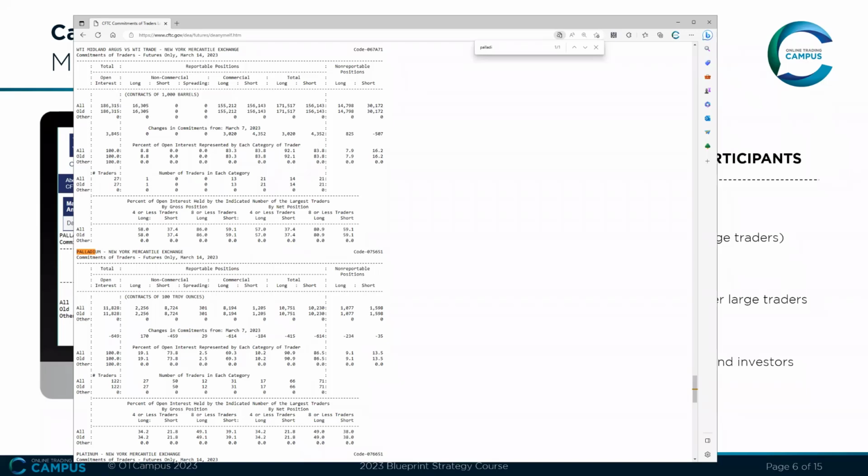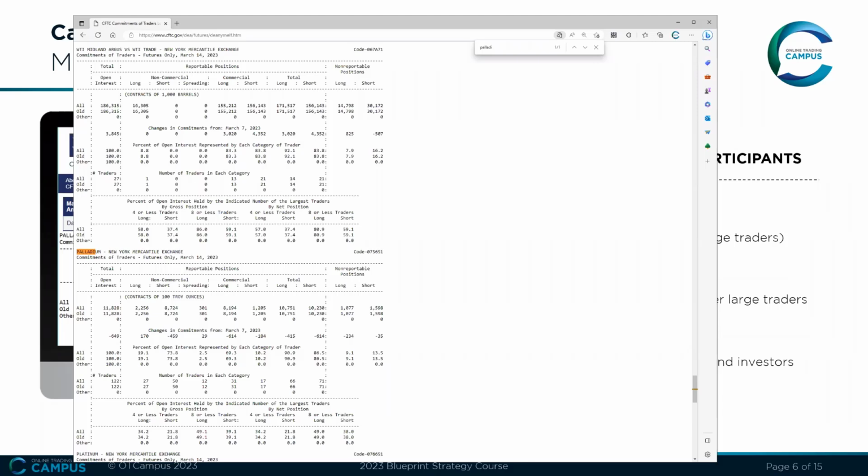So if we look at this here, for example, the commercials, who are usually the smartest money in the game, right? So they're the users and producers of these commodities. They're the biggest participant in the game. So we can see the total long positions of approximately 8,000 contracts and short positions of roughly 1,200 contracts.